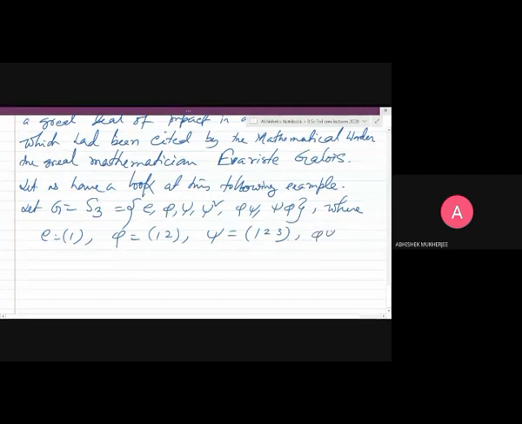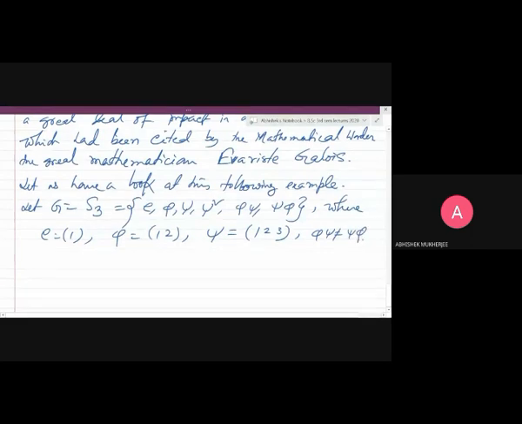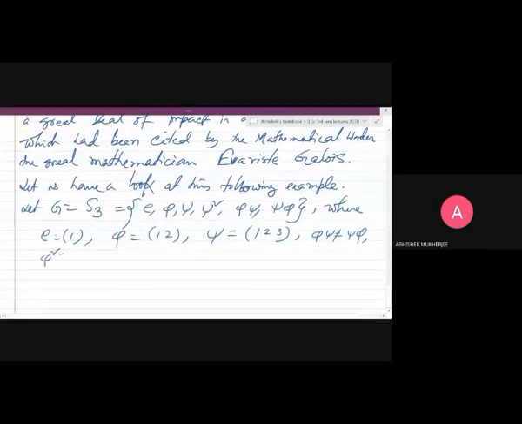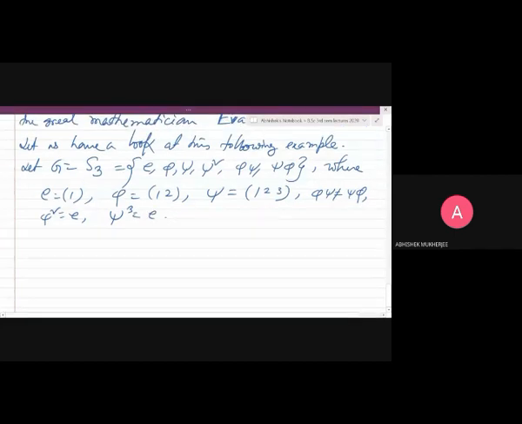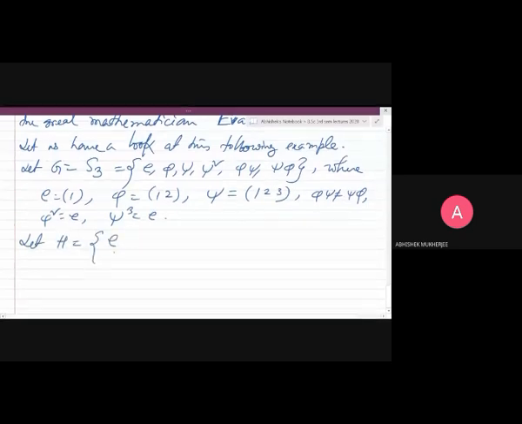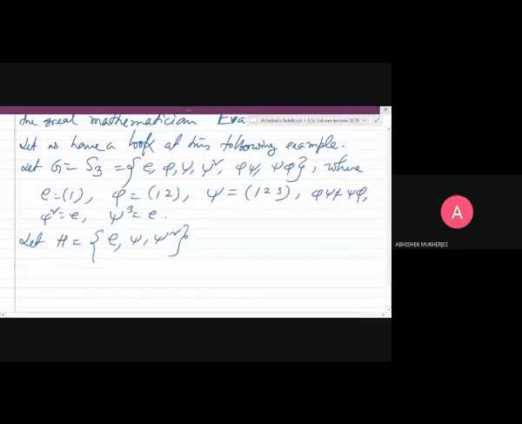And obviously phi psi is not equal to psi into phi. Phi square is identity, psi cube is identity. Let H equal E, psi, psi square. Since the order of psi is 3, this psi will generate a cyclic subgroup of order 3, right?